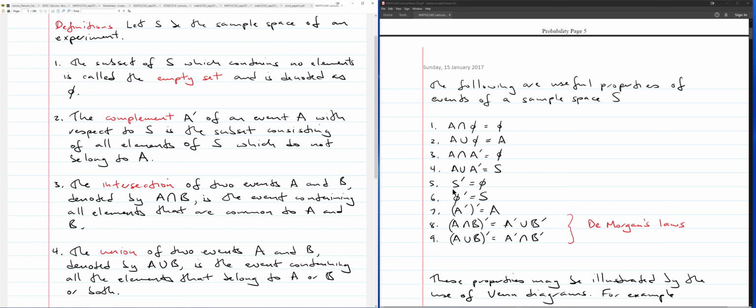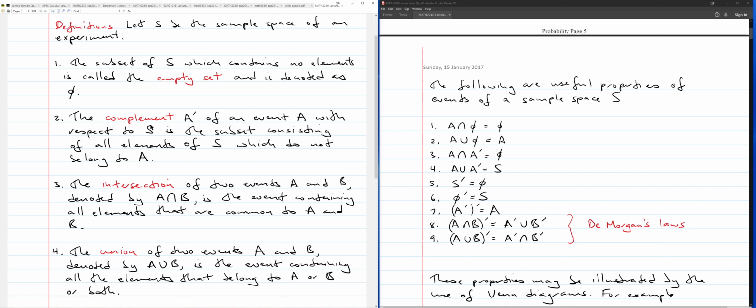Let's consider number 5, that S complement is equal to the empty set. So what is complement? Remember, when we take complements here, we take them with respect to a sample space S, a set containing all my subsets.